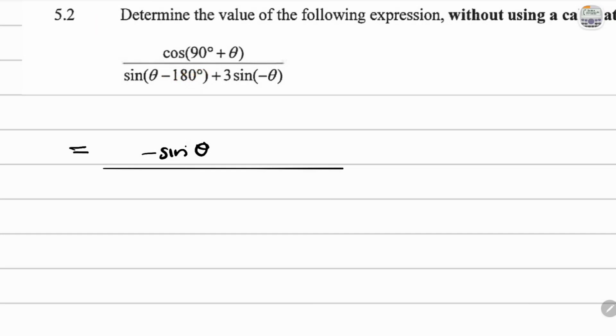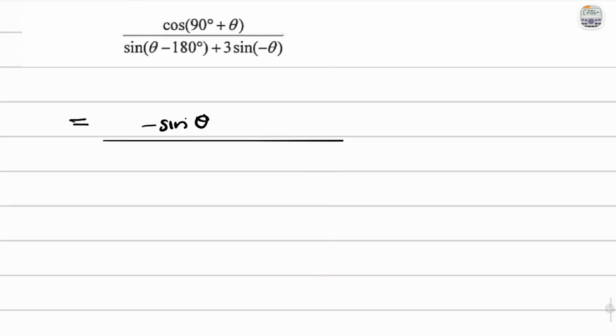So when you see the angle is negative, what should you do? You need to add 360 degrees to that. You don't even have to show them, you just show them the result of it. So if you add 360 to negative 180, you're going to get a positive 180 degrees, and then plus theta. And then we have plus 3 sine, and we have negative theta.